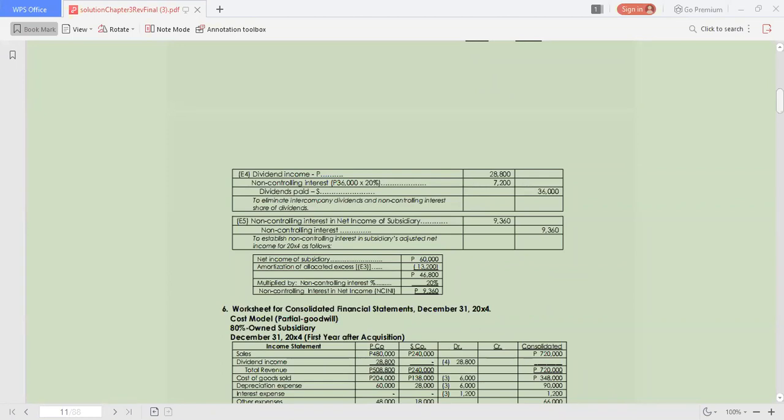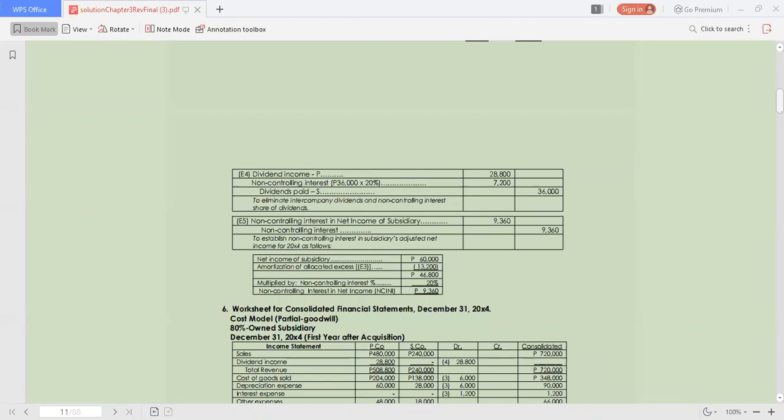Next, in E5, we have now the debit to non-controlling interest in net income of subsidiary and credit to non-controlling interest. To establish non-controlling interest in the subsidiary's adjusted net income for 20x4. If the net income of the subsidiary is equal to 60,000, and the amortization of allocated excess in E3 is 13,200.